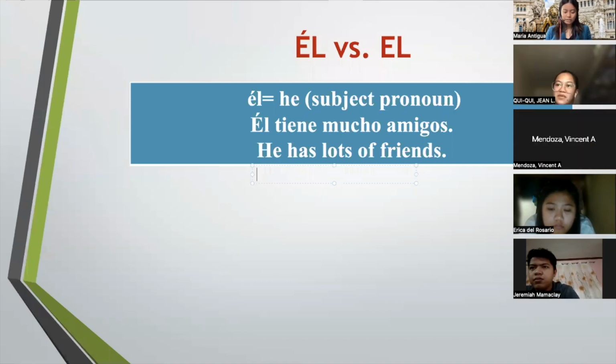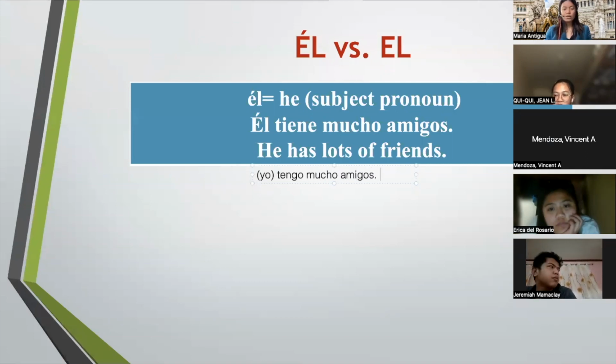Okay. Tengo muchas amigas. Gracias, Jean. Okay. Yo tengo muchos amigos. What does it mean in English? Because I'm using yo. What is yo? I. So it means in English, I have a lot of friends. Muy bien. Okay. See, you can already translate some simple Spanish sentences, right?